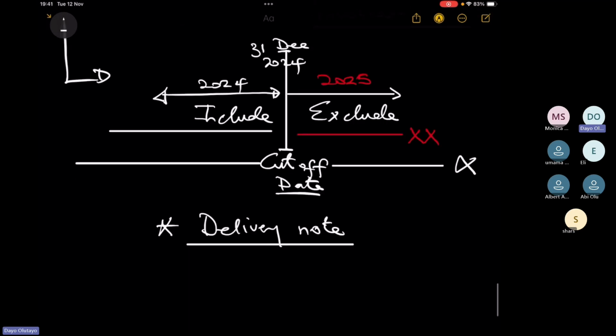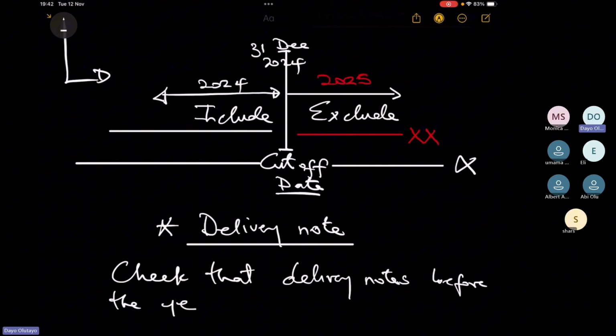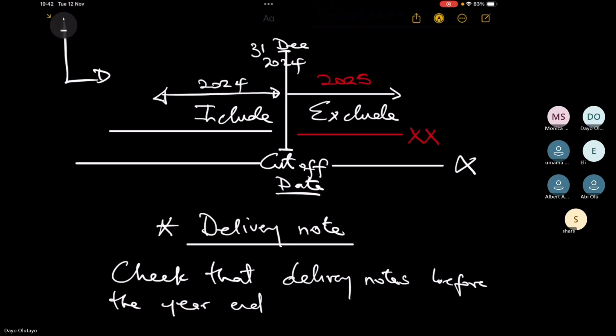Which means to test for cutoff, you need to check that delivery notes before the year end have been recorded in sales.